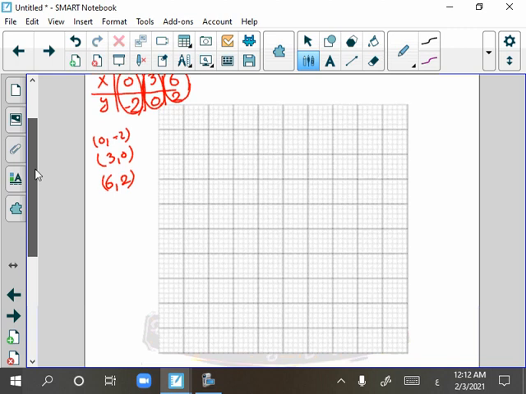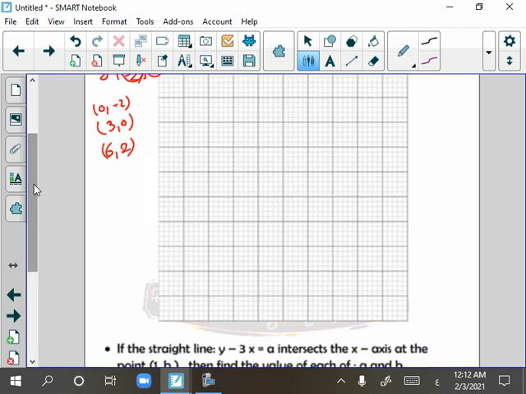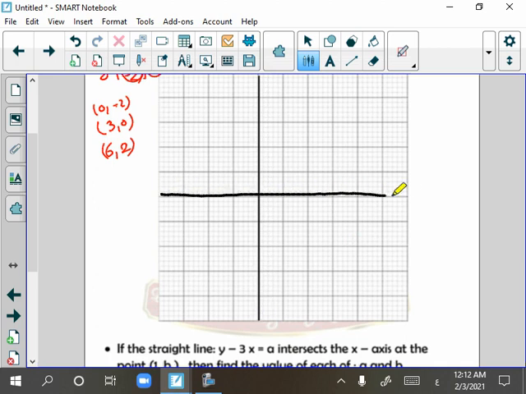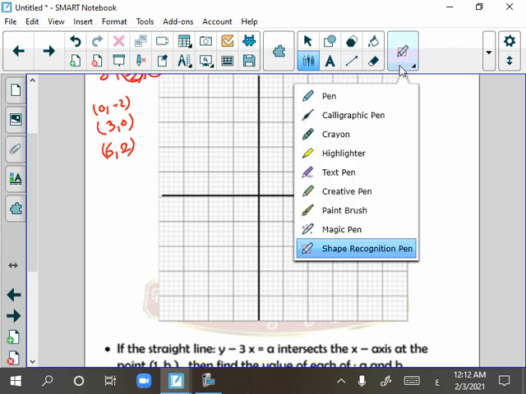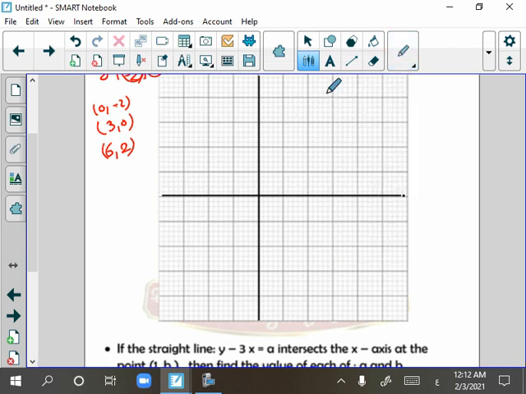How can we represent it? Firstly, we will draw our two axes. 1, 2, 3, and 4.